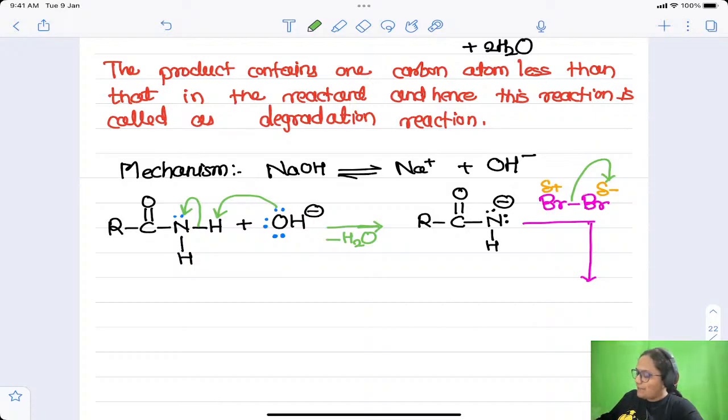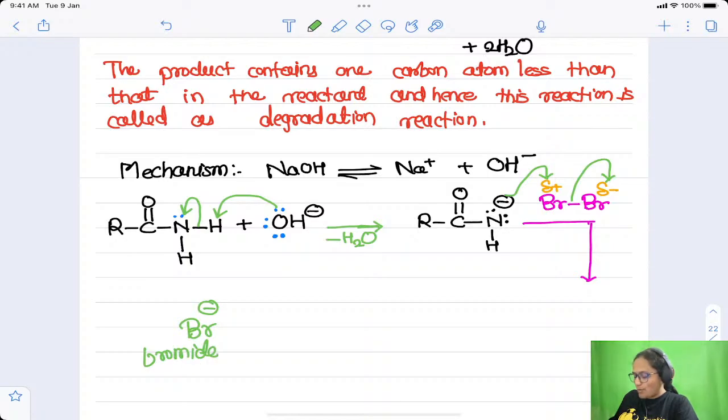Then this negative charge will abstract this bromine, right? So this bromine is attached to this nitrogen, they will form a bond. What about this bromine? This bromine will be lost in the form of Br minus. Br minus means bromide ion, extra electron on it.